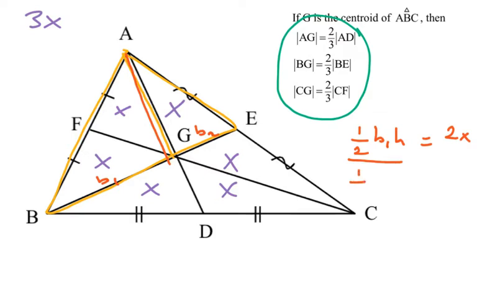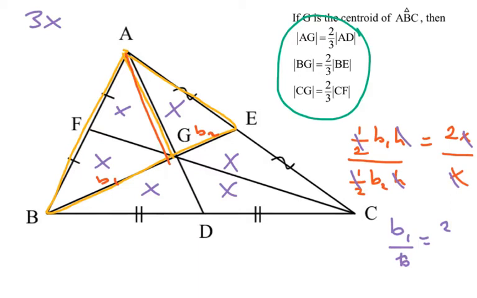The area of the second triangle is half base 2 times height, and we know that that's equal to x. That must mean that if we cancel all of these out, base 1 over base 2 is equal to 2, or they've got a ratio of 2 to 1. And that's exactly what we were looking for.